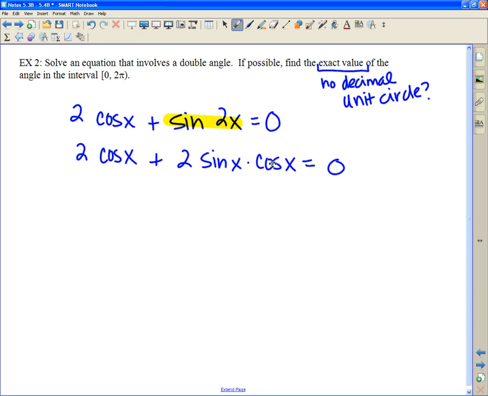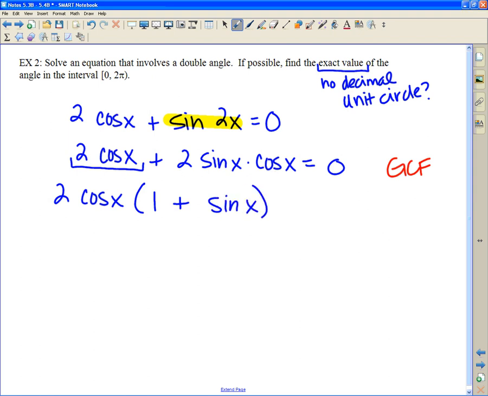We have cosines and we have sines, and we have a cosine in each term. So I hope you're thinking factor, and you're thinking factor GCF. What can be taken out of both of those terms? You guessed it, 2 times the cosine of x. You need to hold this place with a 1, and then you need to hold this place with a sine.